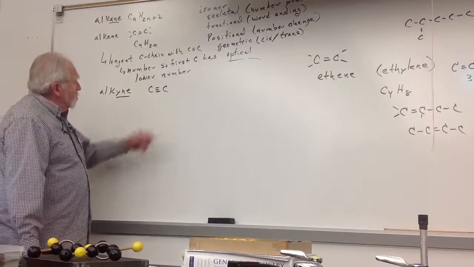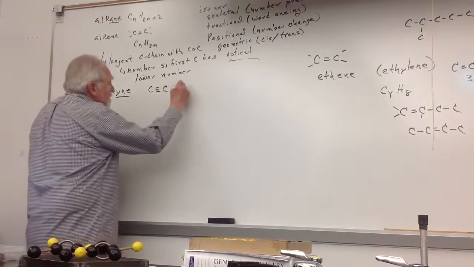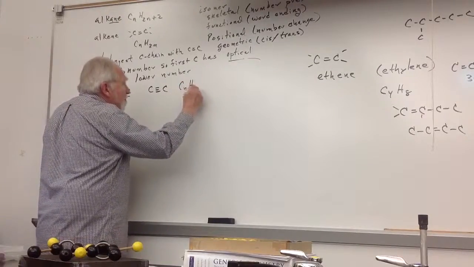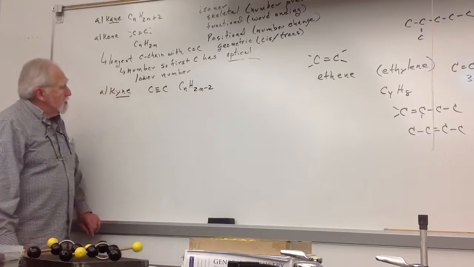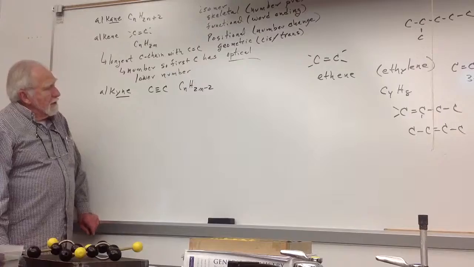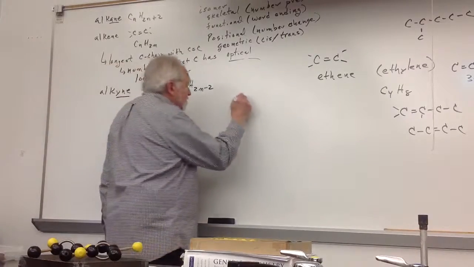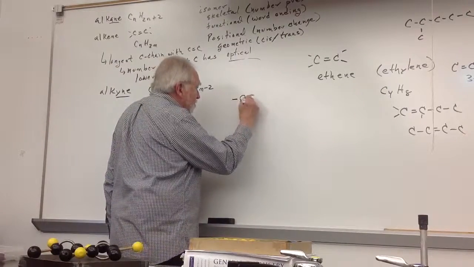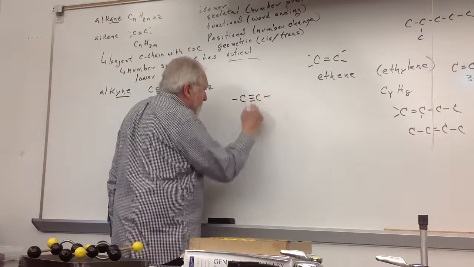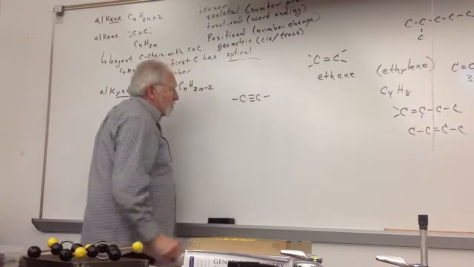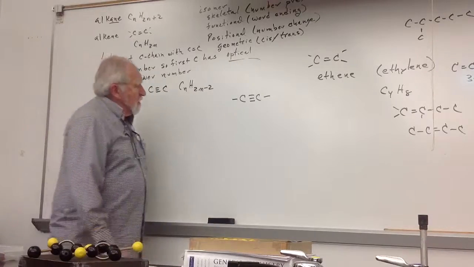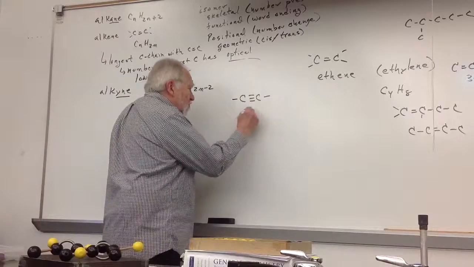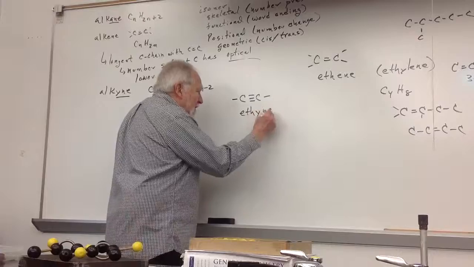Because we took away two more hydrogens, so this is 2N minus 2. This is a linear molecule. All the atoms are in a straight line. And this is called, two-carbon chain, ethine.